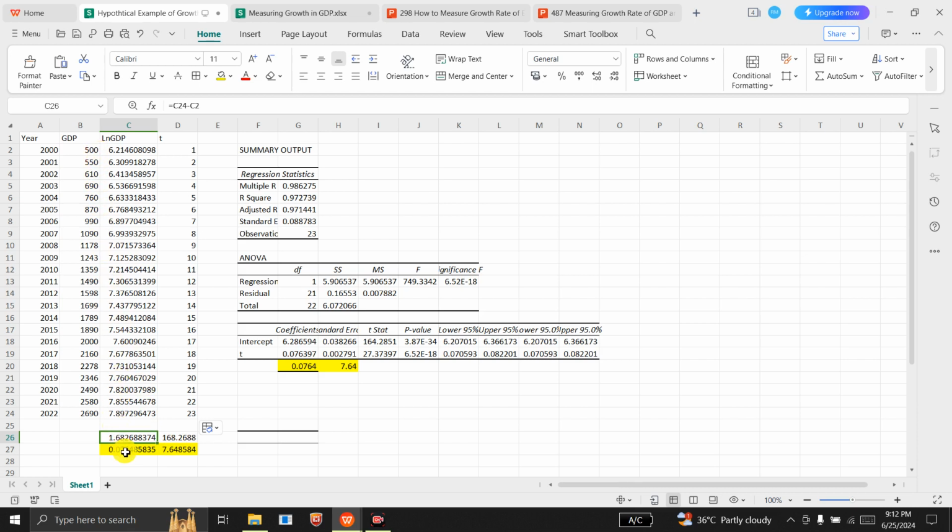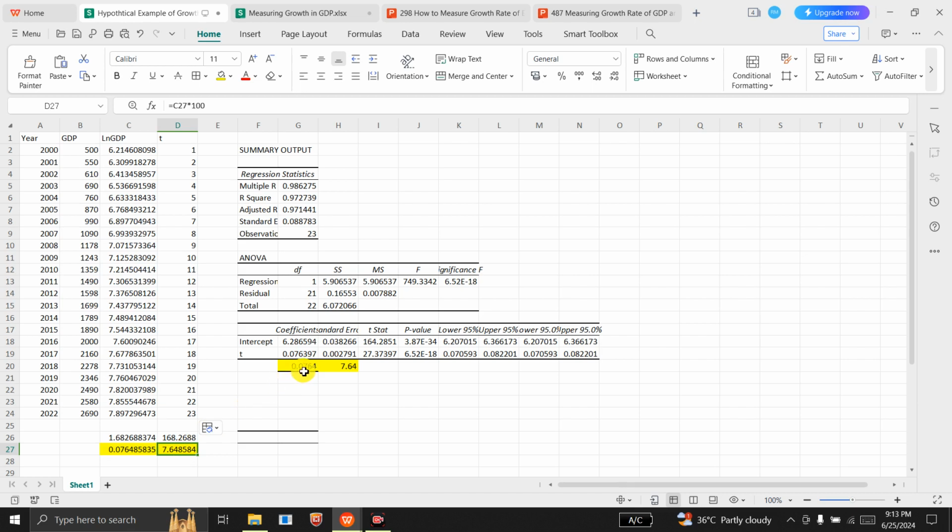If I want to compute the average annual growth rate of GDP, then I will divide this by the number of years. So here the formula is C26 divided by 22, which is the number of years. So I get 0.0764, and if I multiply this by 100, I get exactly the same value which is here.